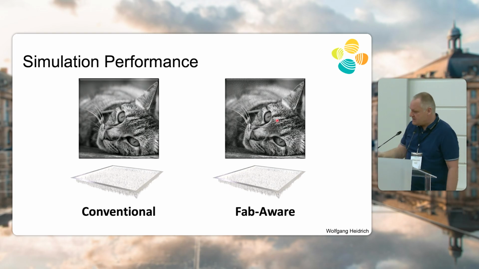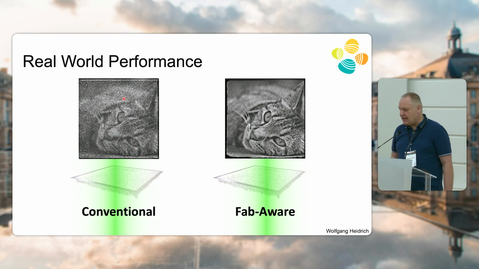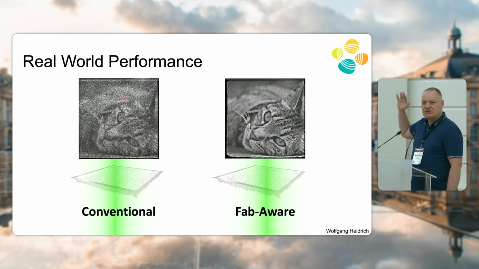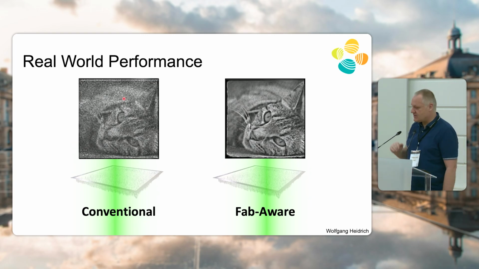So the image quality that this design process predicts is actually not quite as good as the idealized one, but it's realistic, right? It's what you can achieve with your fabrication process, and so when you actually build it, you get what you designed, right? So that's the idea.